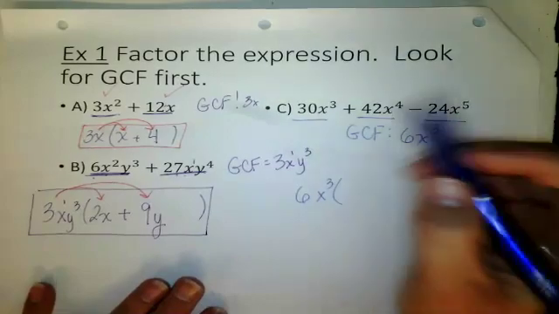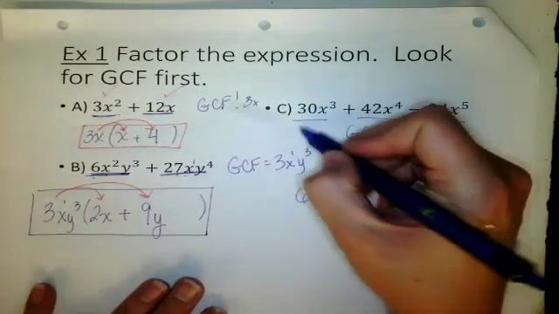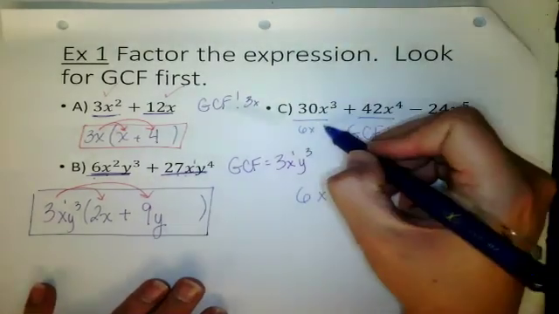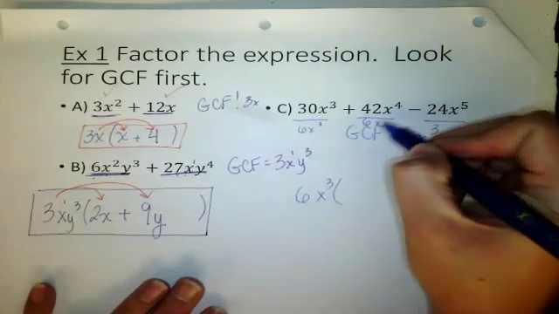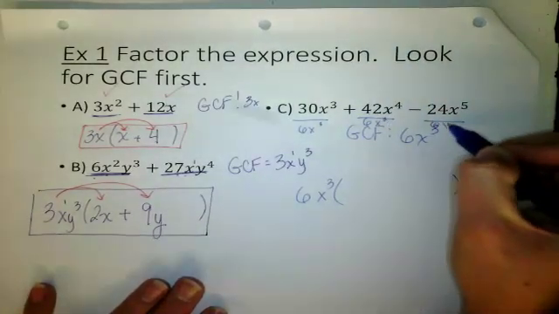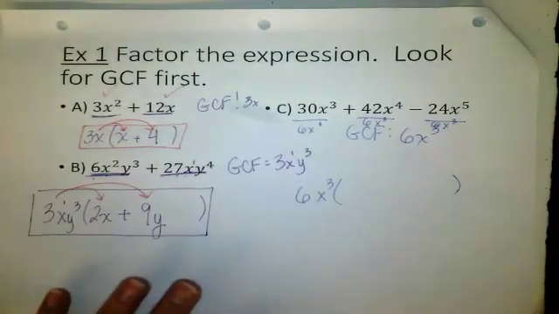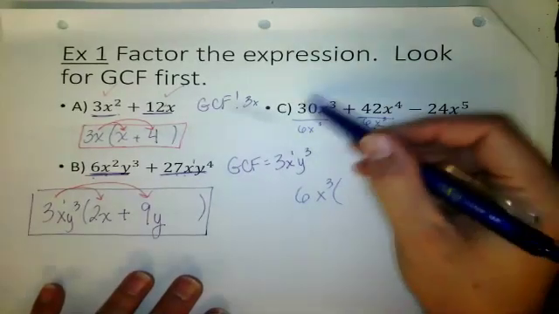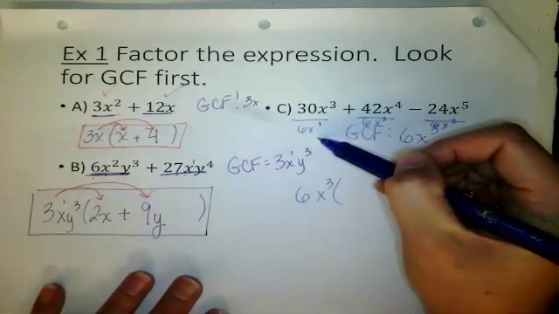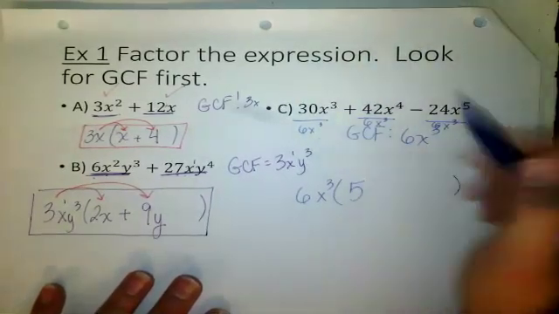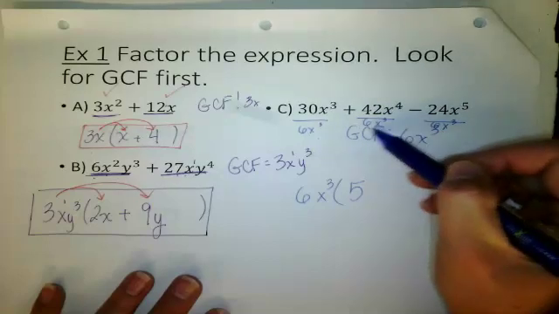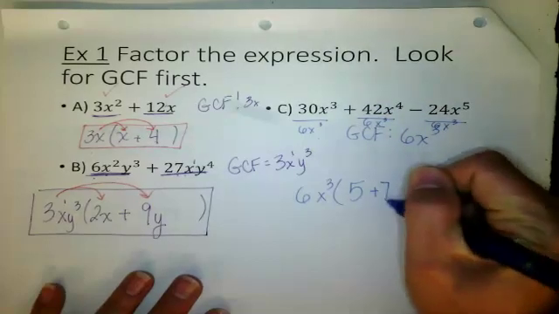And really what we're doing is dividing. We're unmultiplying. So if you're unsure, I like to write it out. And I literally just divide each term by that GCF, and clean up the fraction. What's left behind? 5. What's left behind here? 7x. A positive 7x.